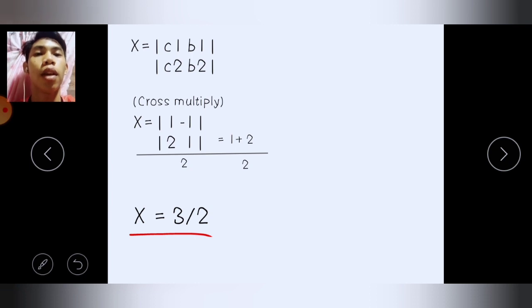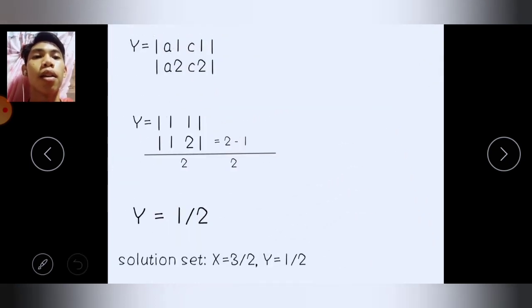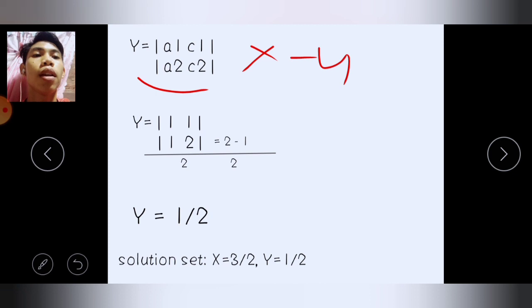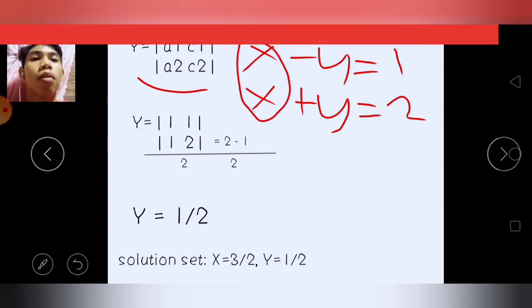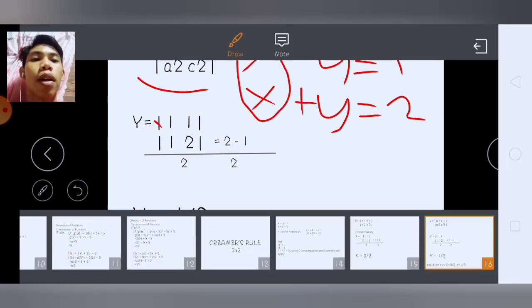So next, getting the y. The formula for y is a1 and c1, then a2 and c2. Remember that our equation is x minus y and x plus y. So for our a1 and a2 is 1, so just copy 1.